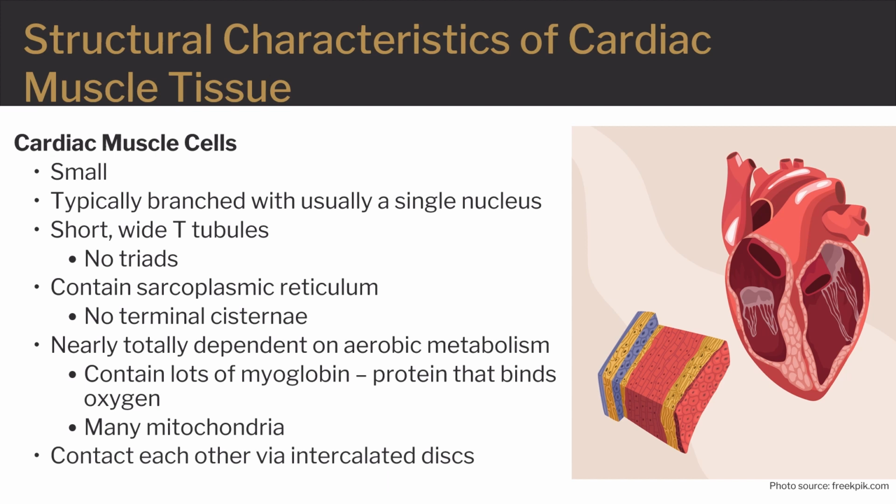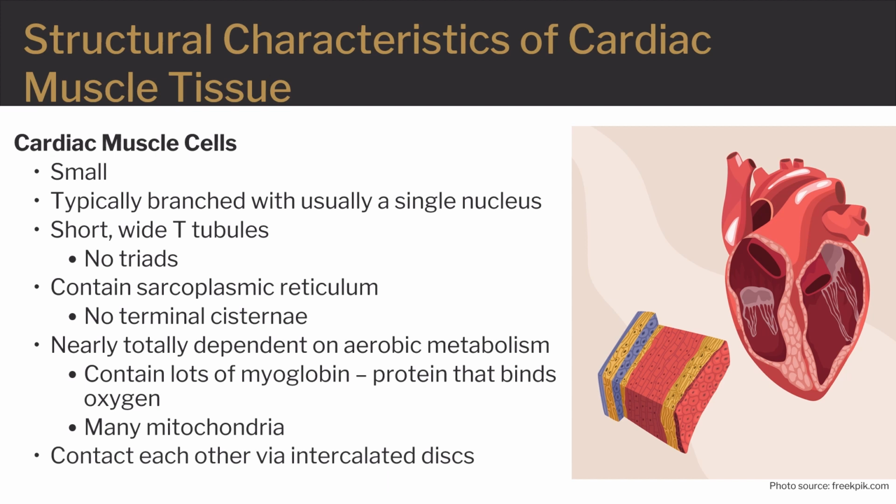The sarcoplasmic reticulum is an organelle used for storing calcium ions. Calcium ions play an important role in the contraction of the muscle proteins. As mentioned before, cardiac muscle tissue is highly dependent on aerobic respiration for metabolism. This is accomplished through the high myoglobin content that has a high affinity for oxygen, and through the fact that there are many mitochondria.